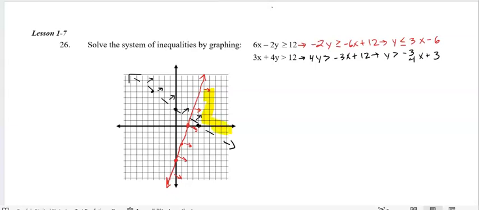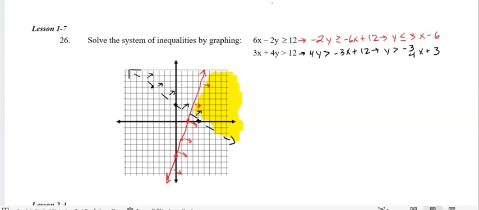And that's going to be this area right up here, top right. Everything that is both below the red and at the same time above the black. And there's your answer for number 26.